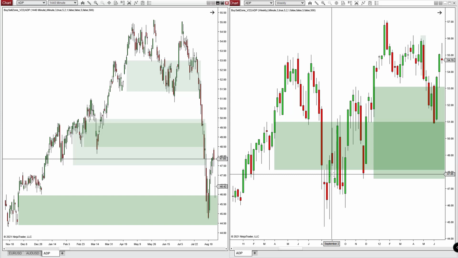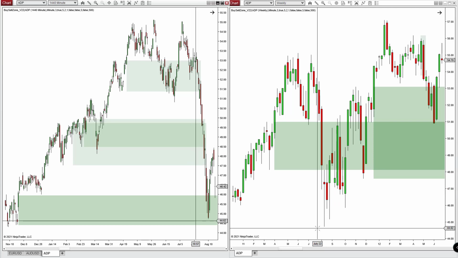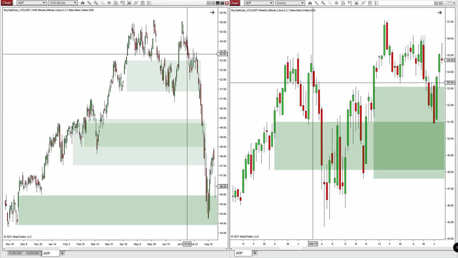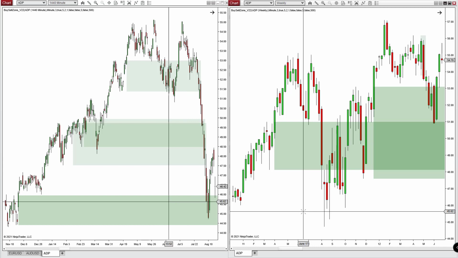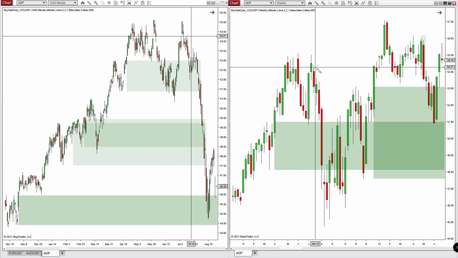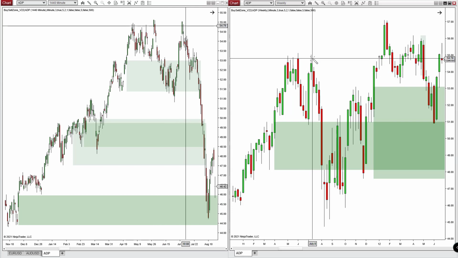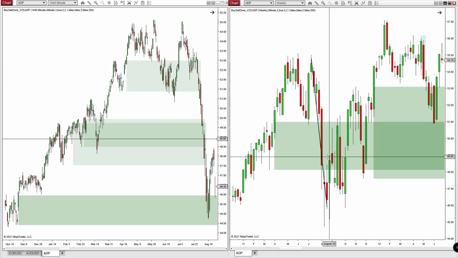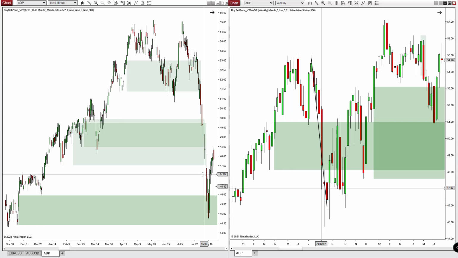All right? So here's the next step to all of this. What I want to look for is when both time frames align. And what I mean by that is, if you can imagine, we're on the weekly chart. If you can imagine, we have this move down. And when we look at our daily chart over here, we're in a bear trend.